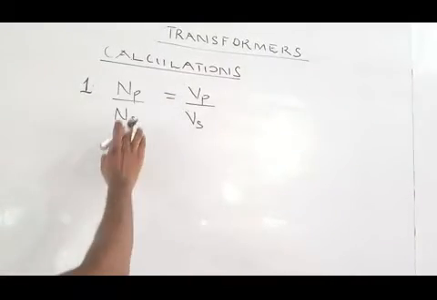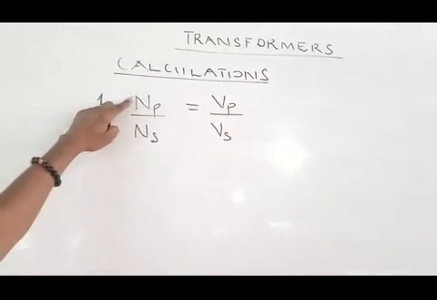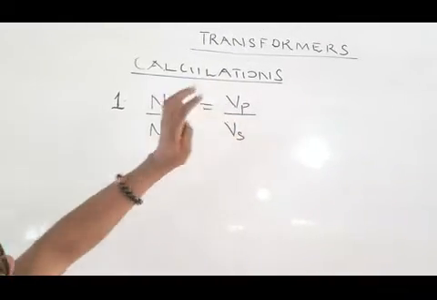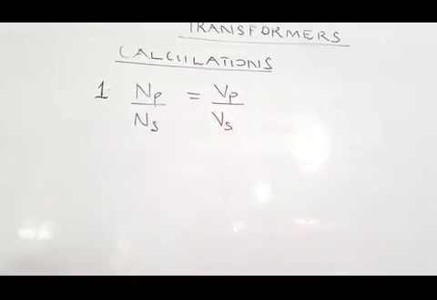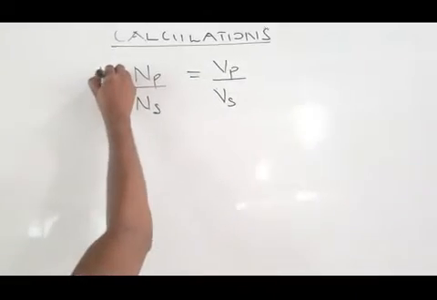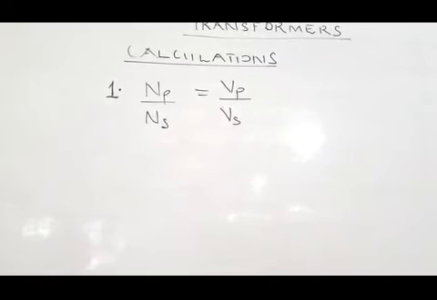So NP over NS is equal to VP over VS. That is the relation between the number of turns and the voltage.